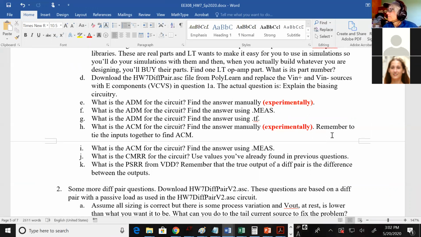Yeah. So in this case, I know the ADM is at the top for the AV gain, but for the bottom part, are we supposed to calculate this using the small signal model, or is it something we do in LTSpice?